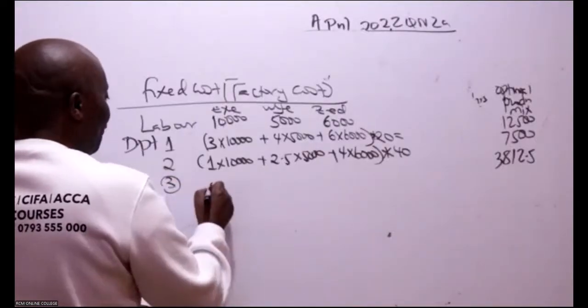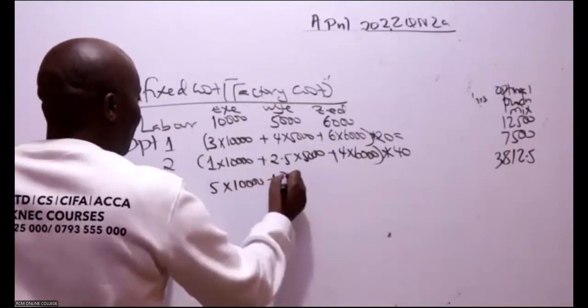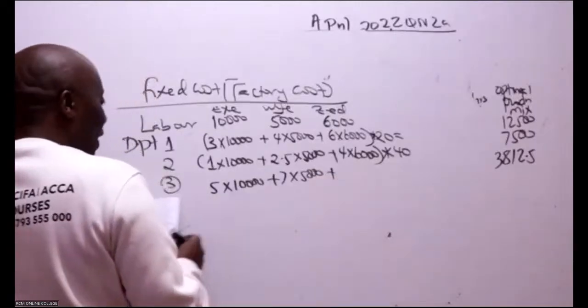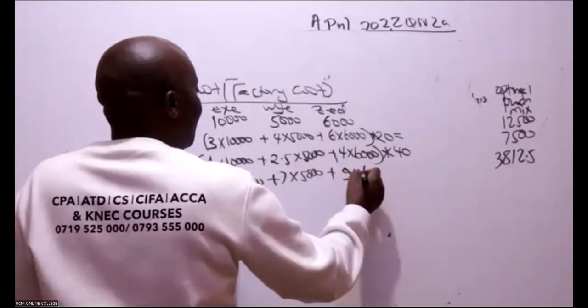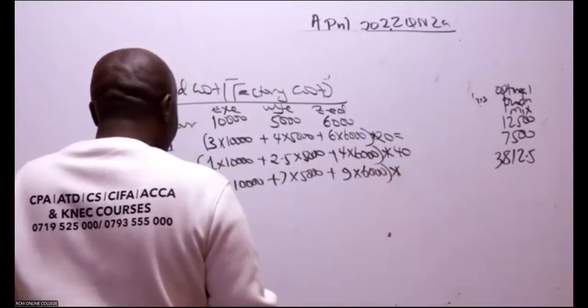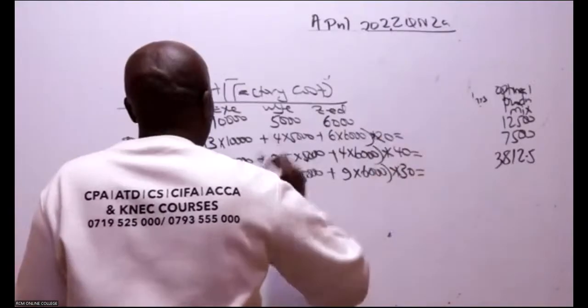I can see 5 times 10,000. Then we have plus 7 times 5,000. Plus, in this case here, 9 times 6,000. Whatever we get, we shall be able to multiply these by the rate in Department 3. Please write this and then give me these answers.